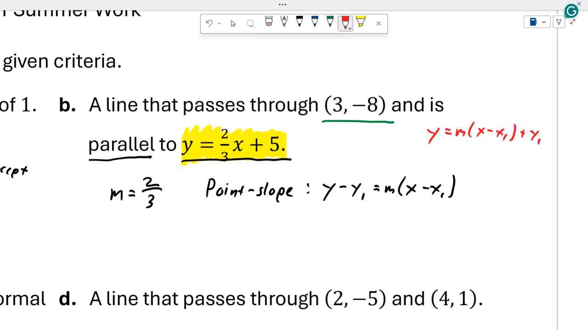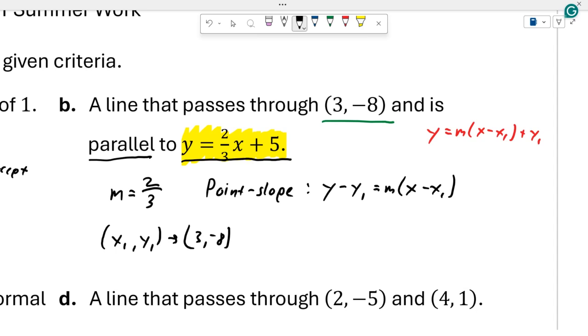But in general, point-slope form is the first version that we wrote. So x1, y1 are just the coordinates of the point on the line that you want to use. Well, we're told that it passes through (3, -8), so let's use that. All right, that's as good a point as any.